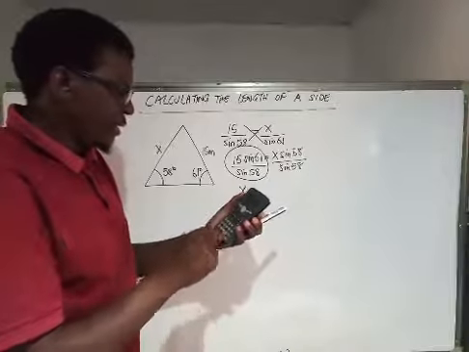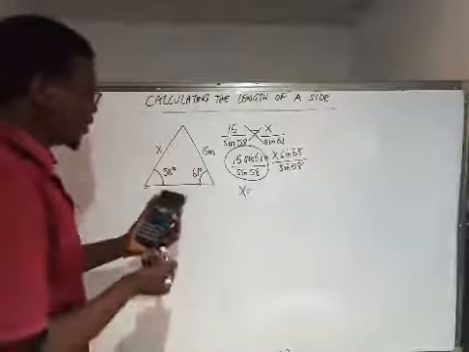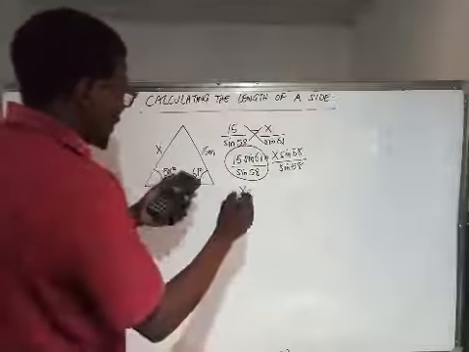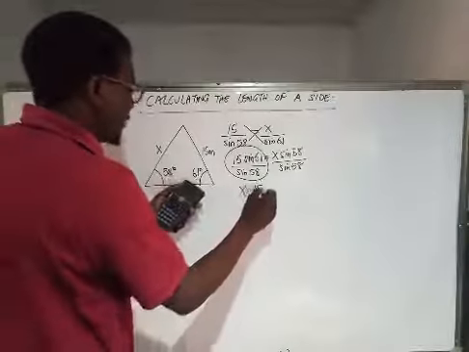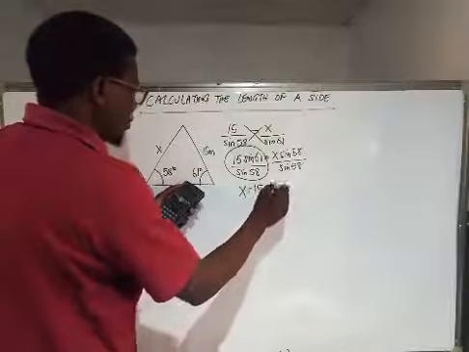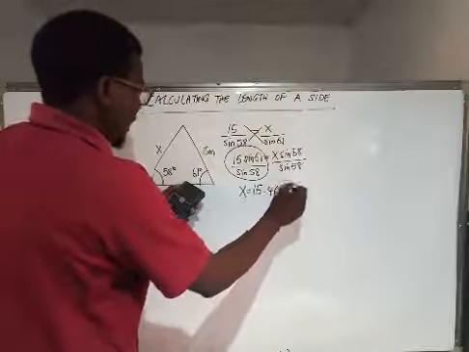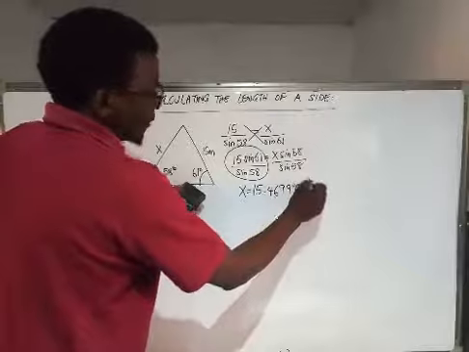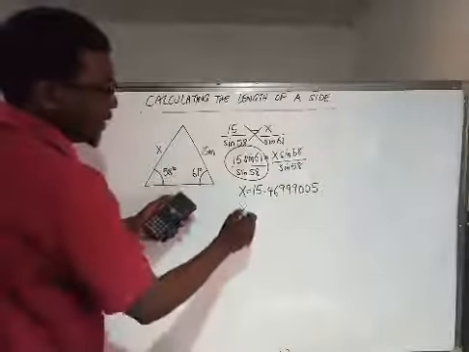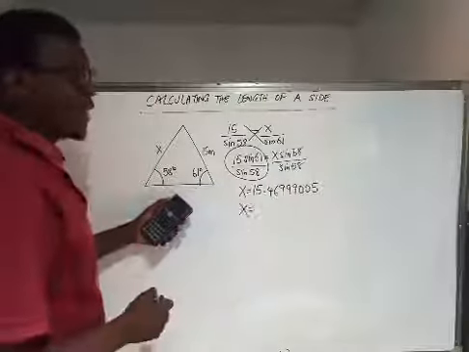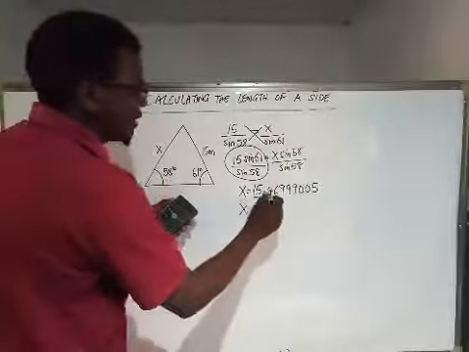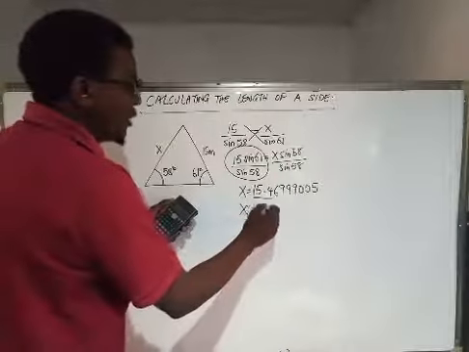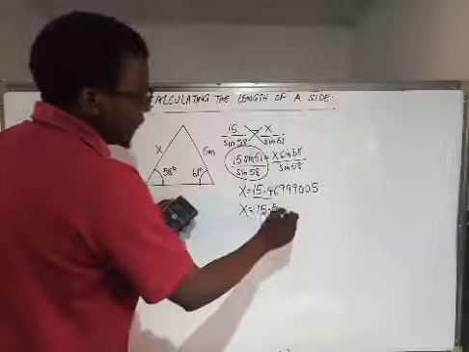When you punch, you are going to find that our length is 15.46999005. Since you are dealing with length, we leave our answer correct to 3 significant figures, 3 digits. So our answer will be 15.5 meters.